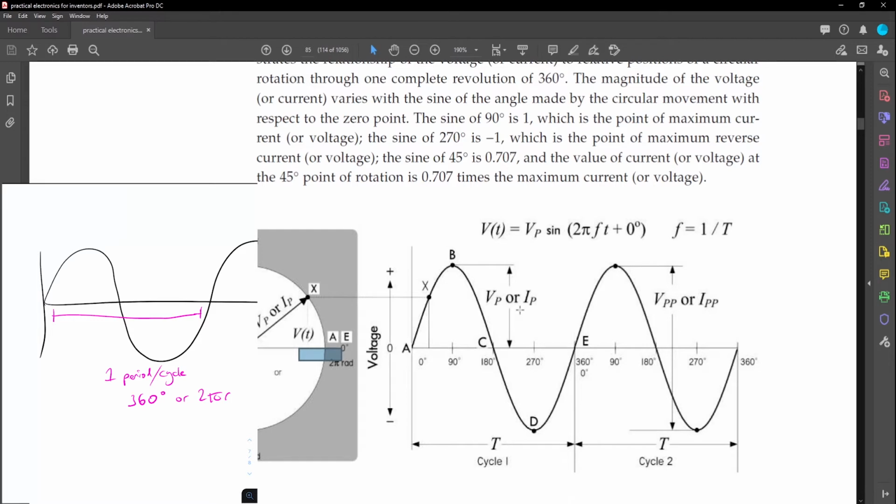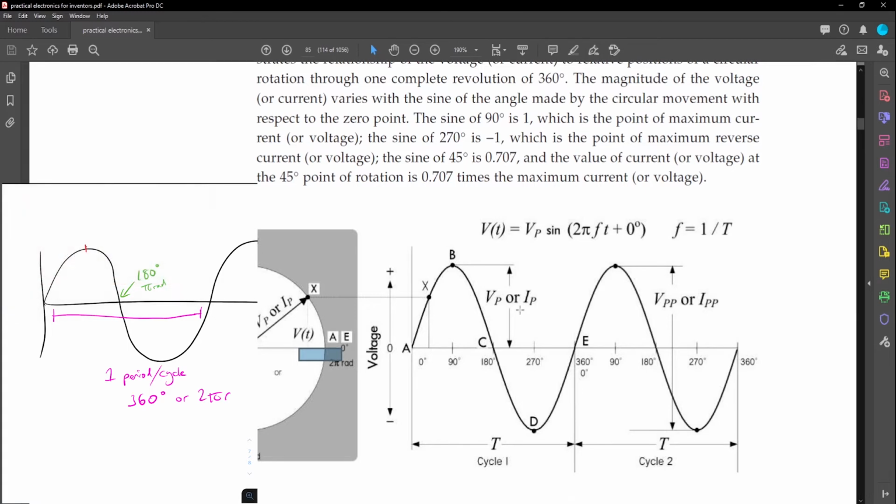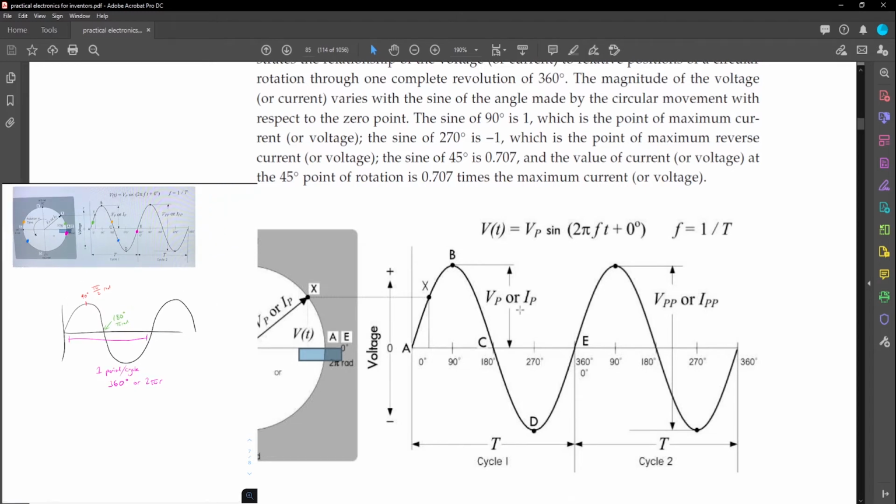So this point here is 180 degrees or pi radians, right? And then this point here would be 90 degrees or pi divided by 2 radians, correct? Interesting, huh?